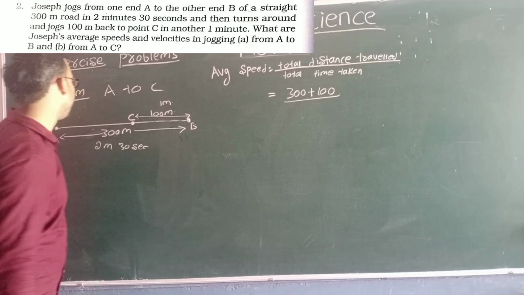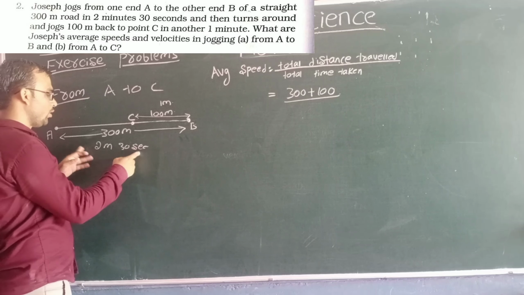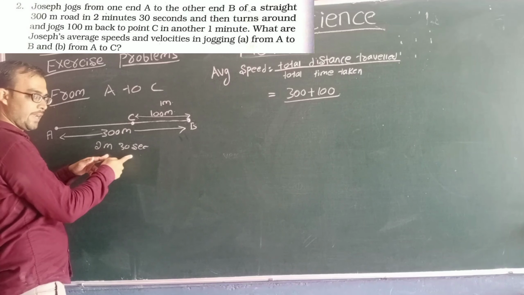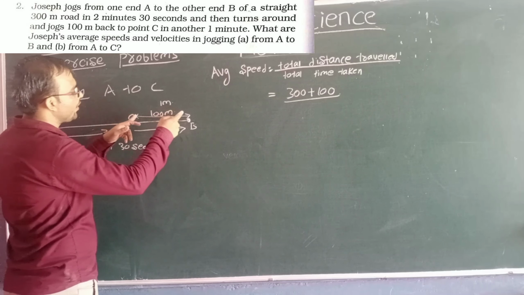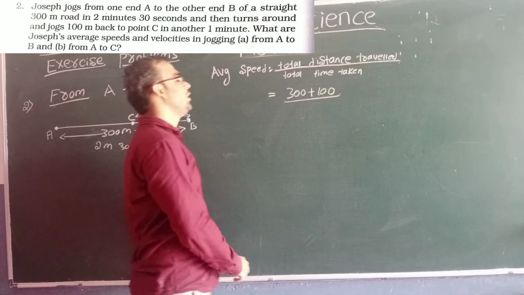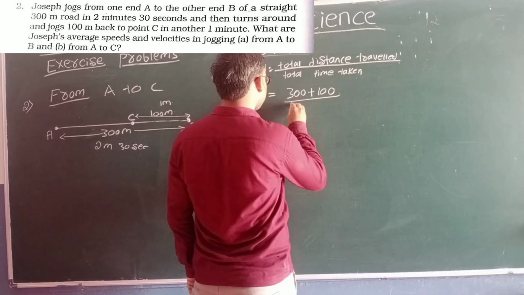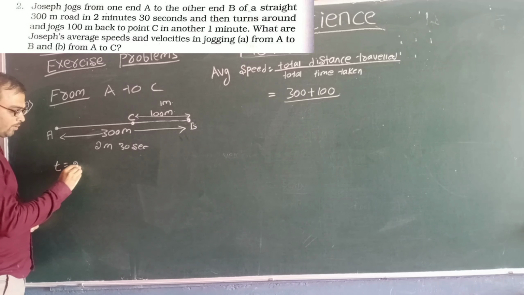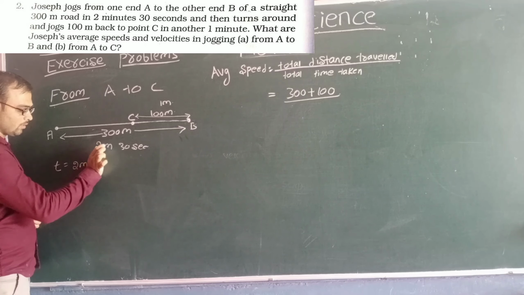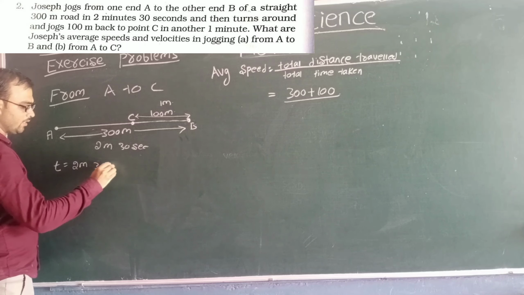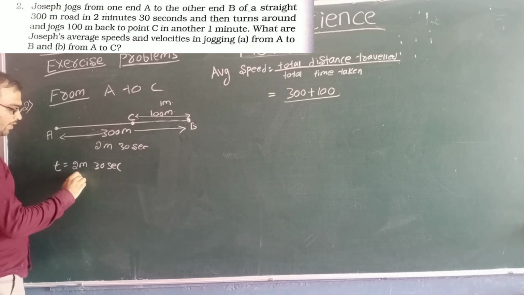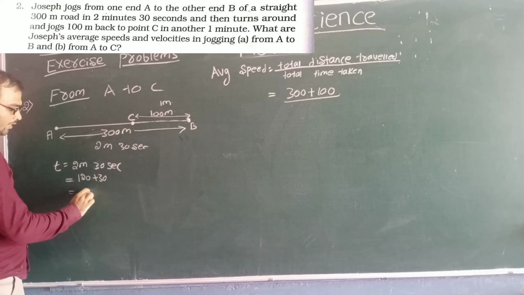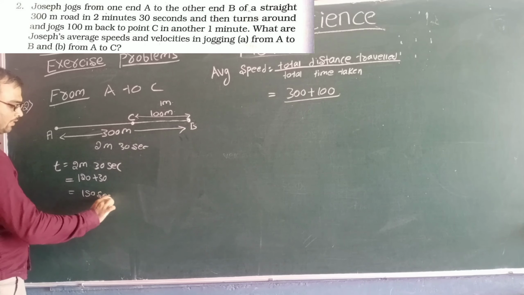Next, total time. So look at here, students. To cover 300 meter he has taken 2 minutes 30 seconds and to cover 100 meter he has taken 1 minute. So 2 minutes 30 seconds is nothing but 120 plus 30, that is 150 seconds.